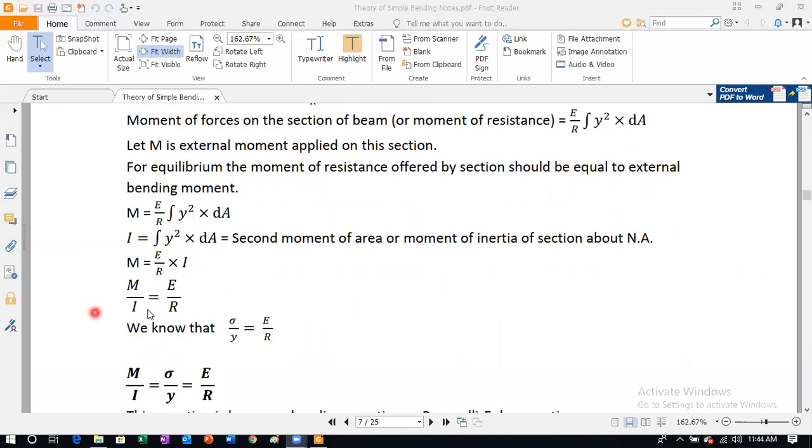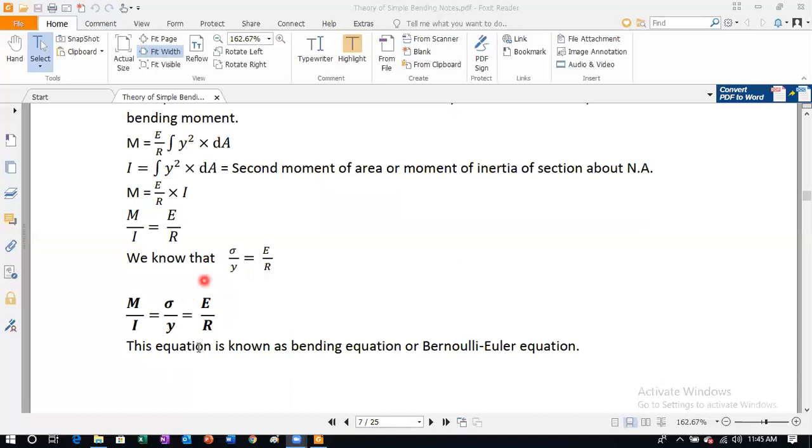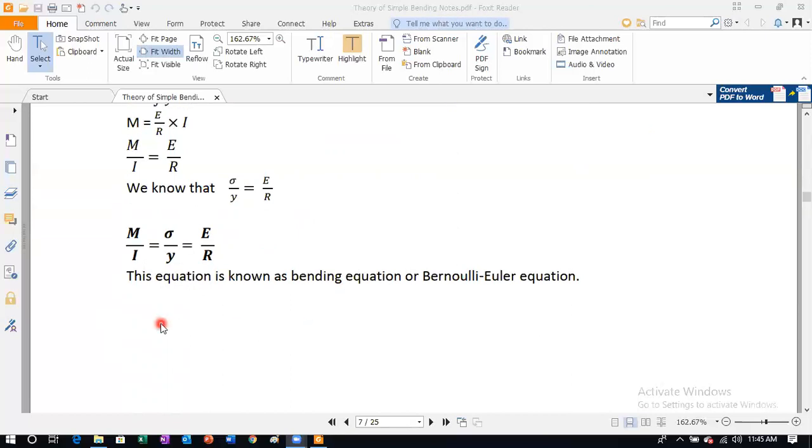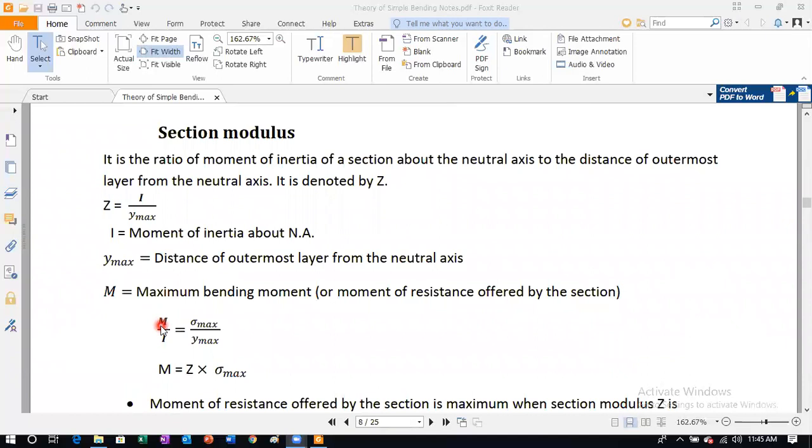So finally we will have this bending equation, or Bernoulli-Euler equation, that is M upon I is equal to sigma upon y is equal to E upon R. This is our final bending equation.